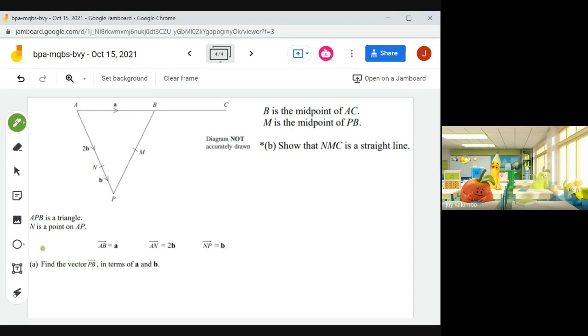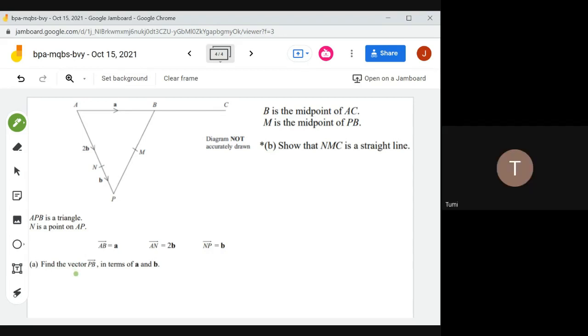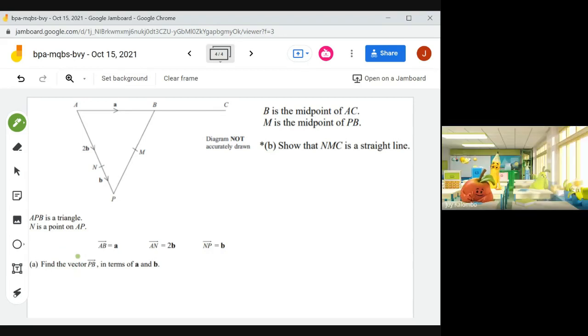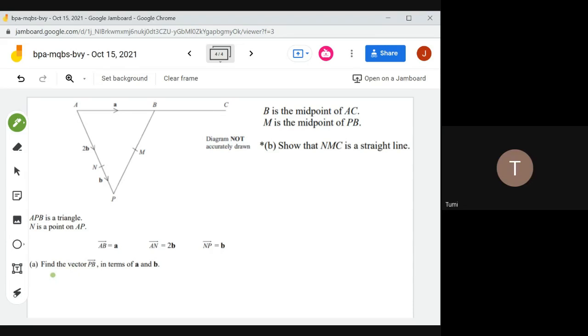So the first one, find vector PB. This is the one that I kept saying no to when you were saying before. Oh, yeah. So for the vector P to B, it's minus 3B plus A. Perfect.